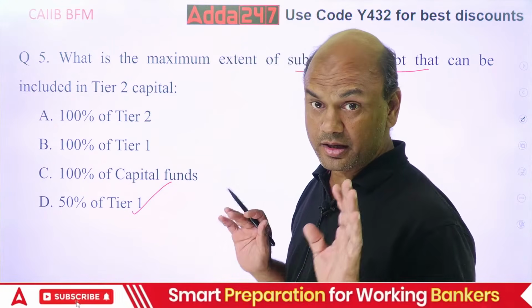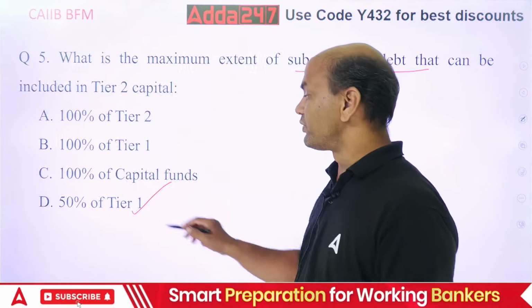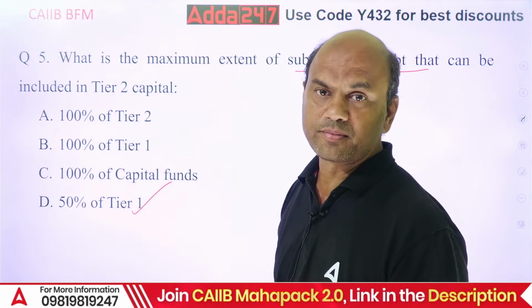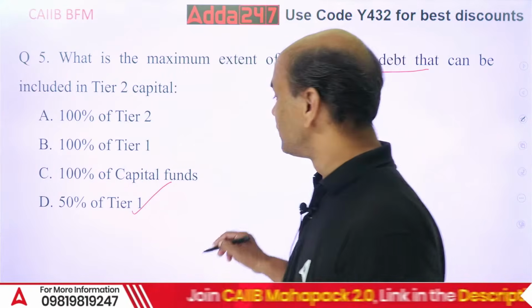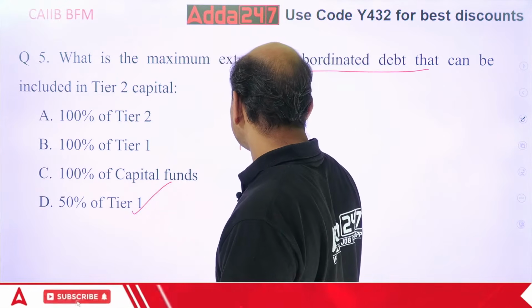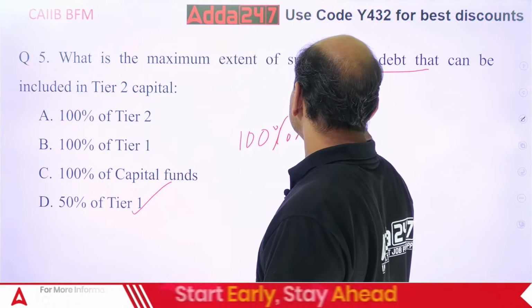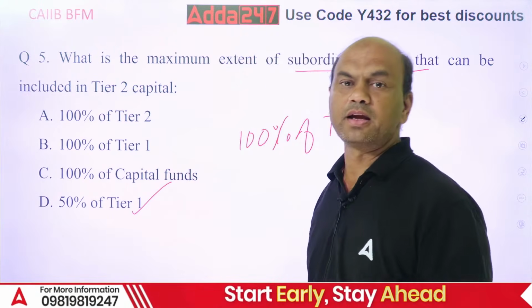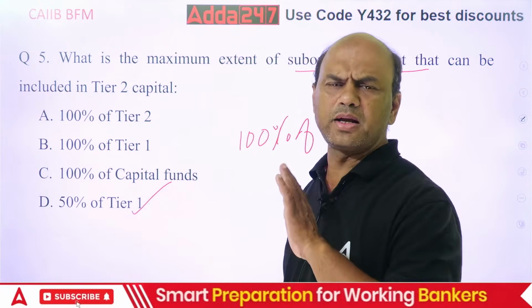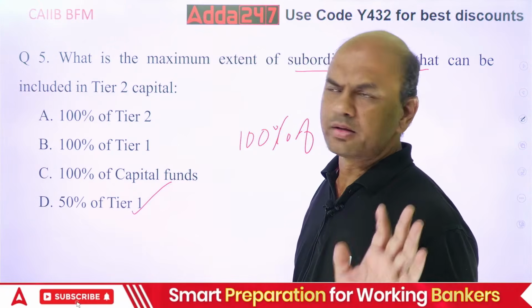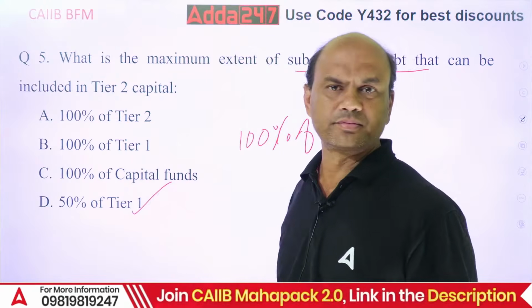I'll tell you now. 50% of tier 1 is actually equal to 100% of tier 2. They can take 100% of tier 2. My full tier 2 capital can be only subordinated debt.